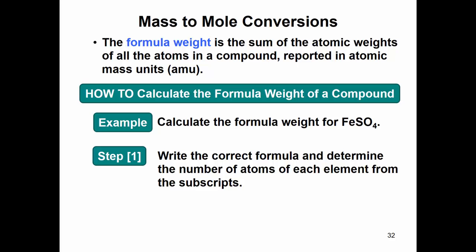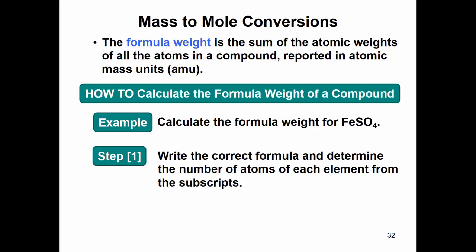If you look at your periodic table, it's that number underneath the element, some longer number with a few decimal places after it. You're going to sum up the atomic weights of all the atoms in the compound. And if you use the term formula weight, that means you report your answers in AMU. That just means atomic mass unit.